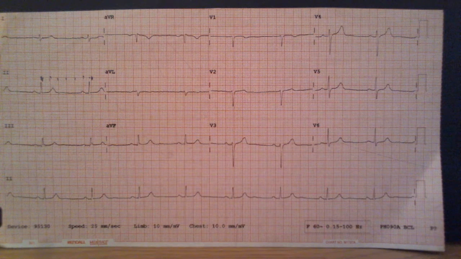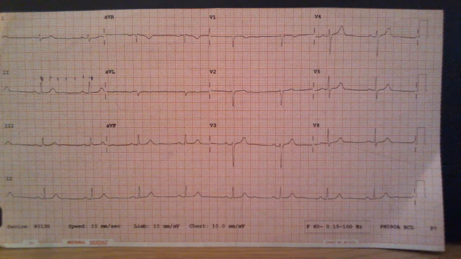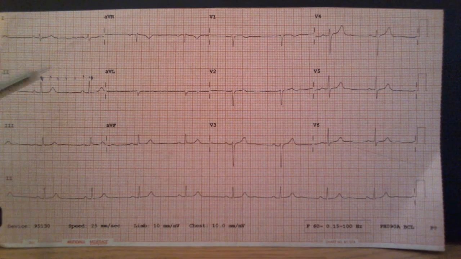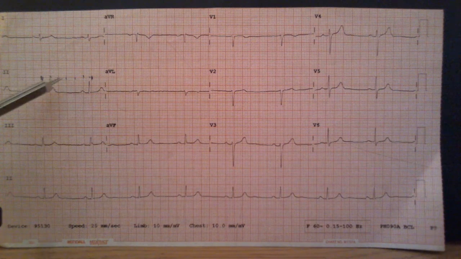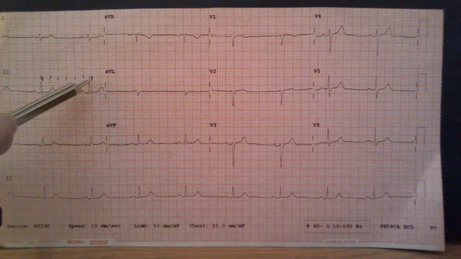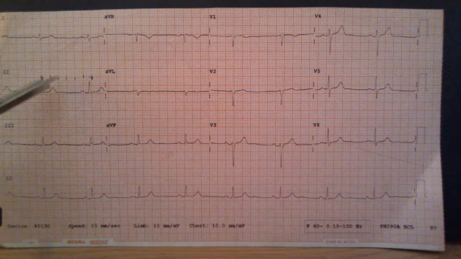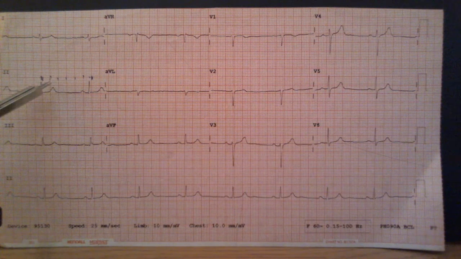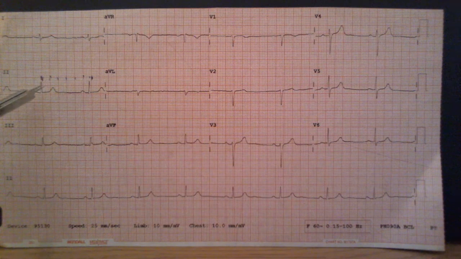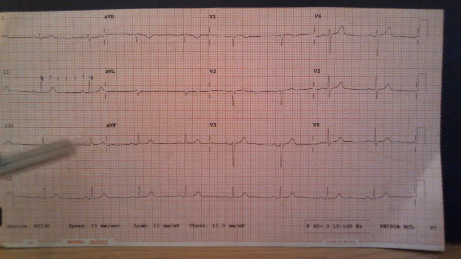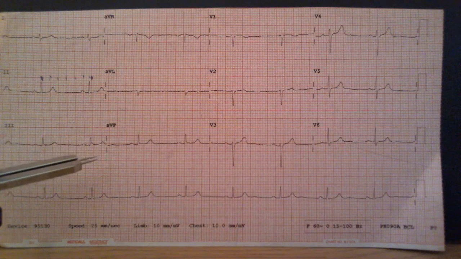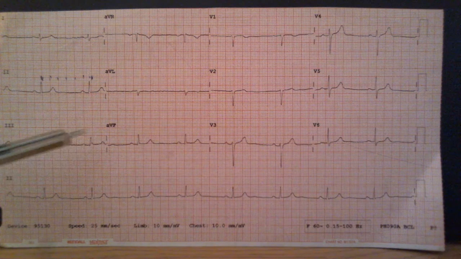You can see up in lead 2 here that I've drawn in little marks to indicate where the big thick red lines, or your large boxes, are, so that when you're looking at this EKG, you have a framework since they're difficult to see.